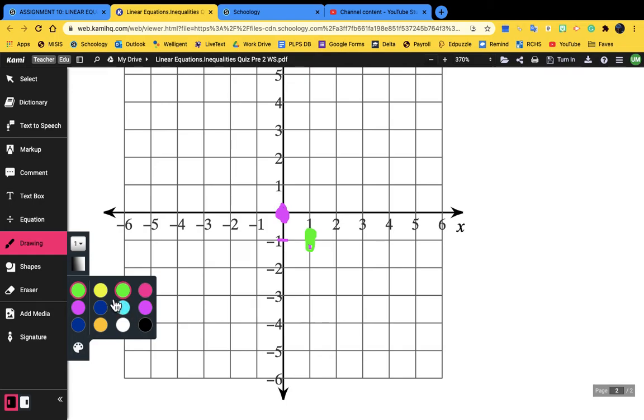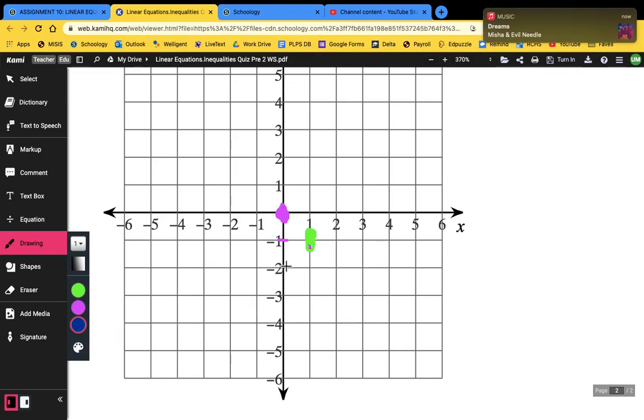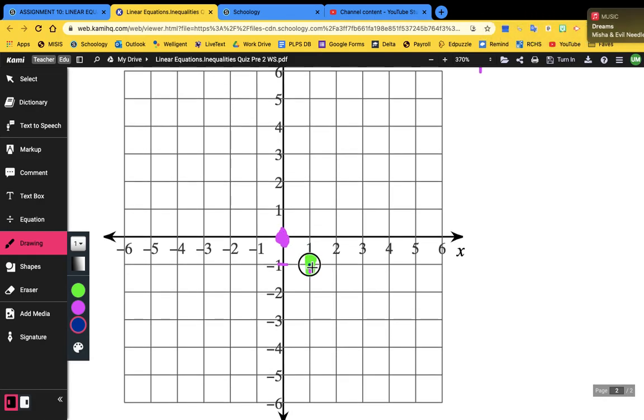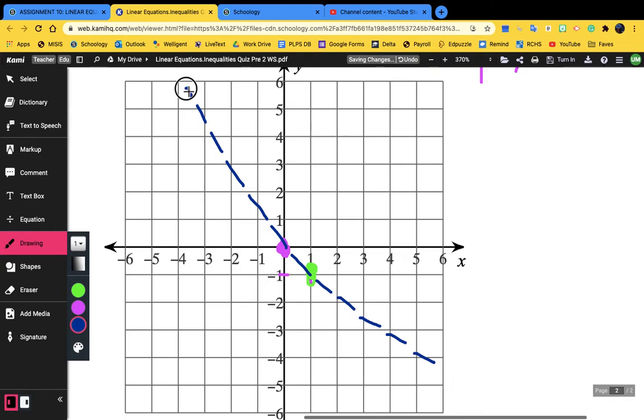I'm going to go here from my green to my pink, but I'm going to go like this, look. Now, it's not going to be super straight, but that's okay. Look, all the way up, and then all the way down like that. Look at that. Arrow and arrow. Broken line.